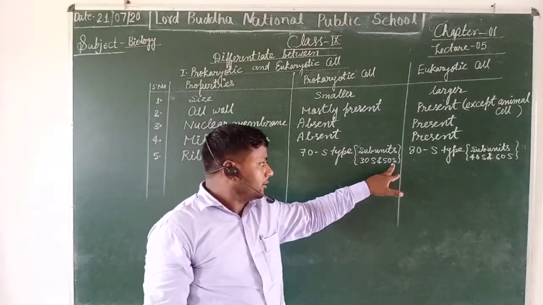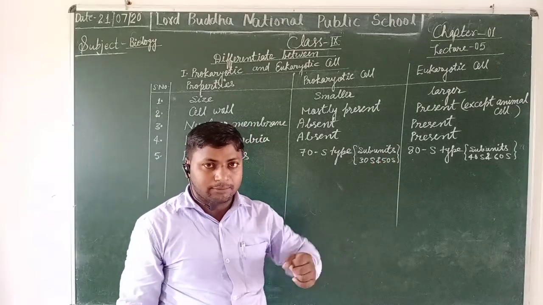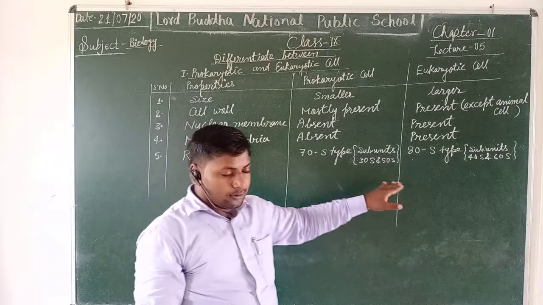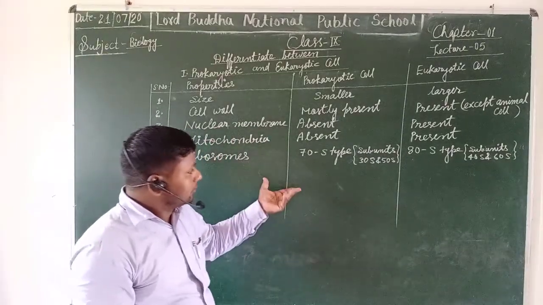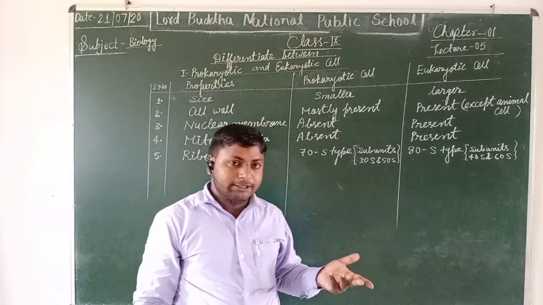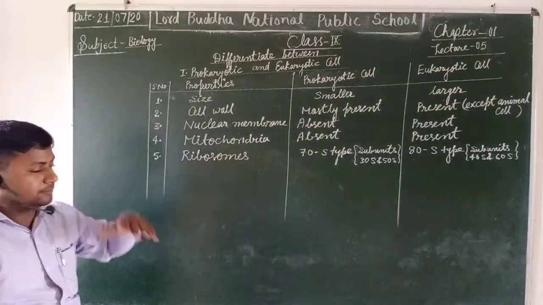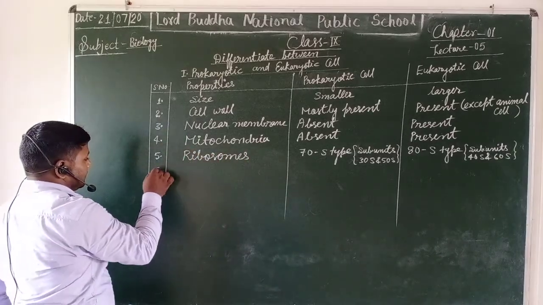That's why the unit S is taken after the name of Svedberg, which he obtained after sedimentation coefficient. Many more things about this we will discuss in ahead topics of ribosomes.